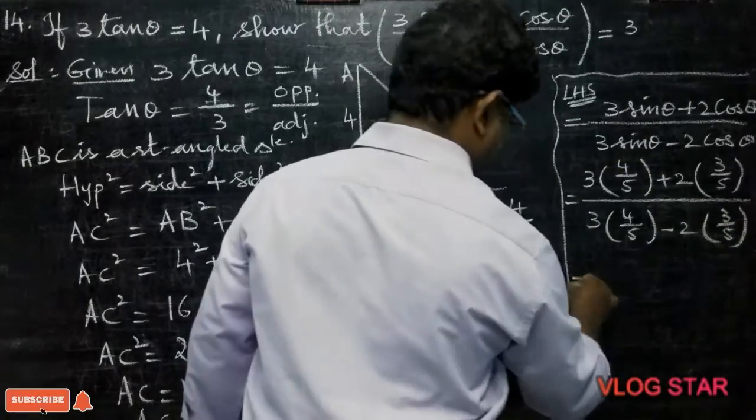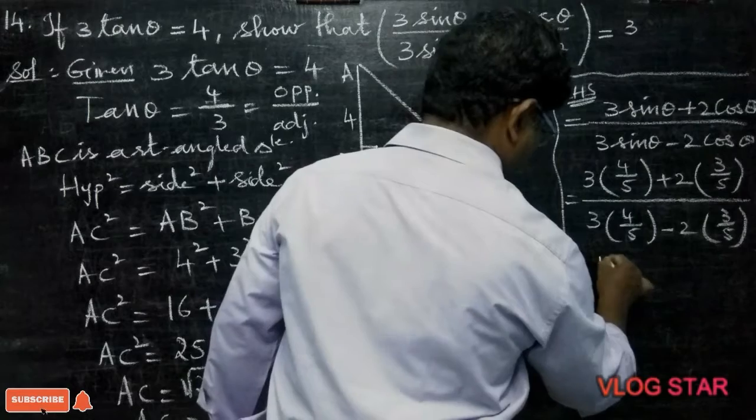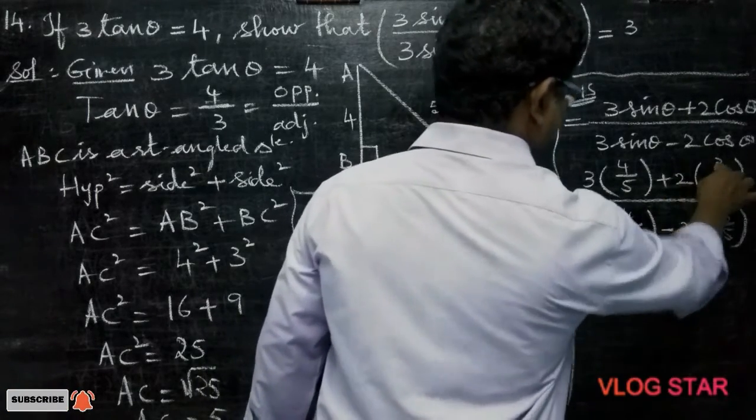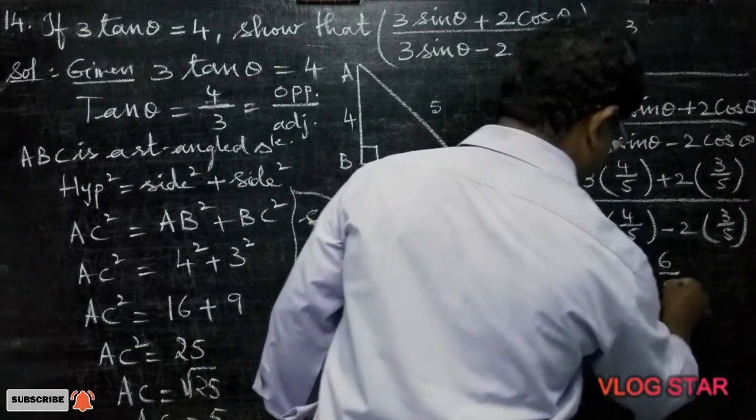Now multiply. 3 4s are 12 by 5 plus 2 3s are 6, 6 by 5.